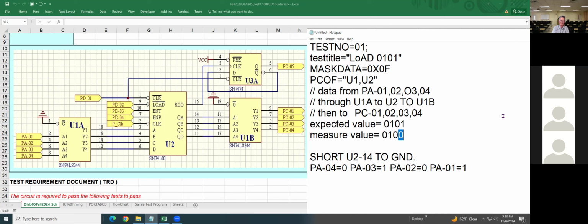In other words, what does that measure, 1 or 0? It matters. 0? Okay, now by looking at the expected value and measured value, I know something is wrong at pin 14 of U2, right? Right. Or something is wrong with U1B pin 9.